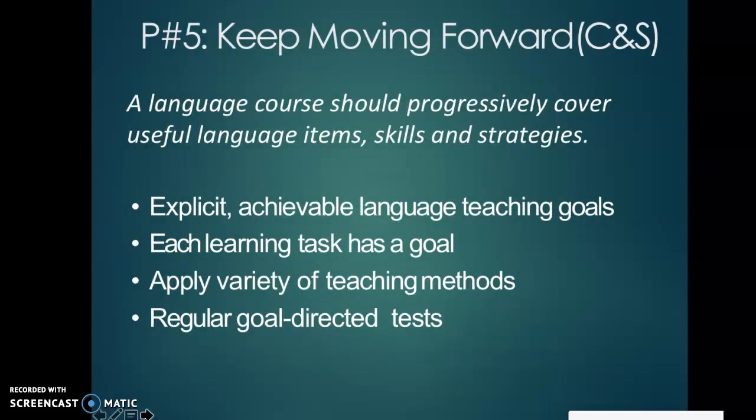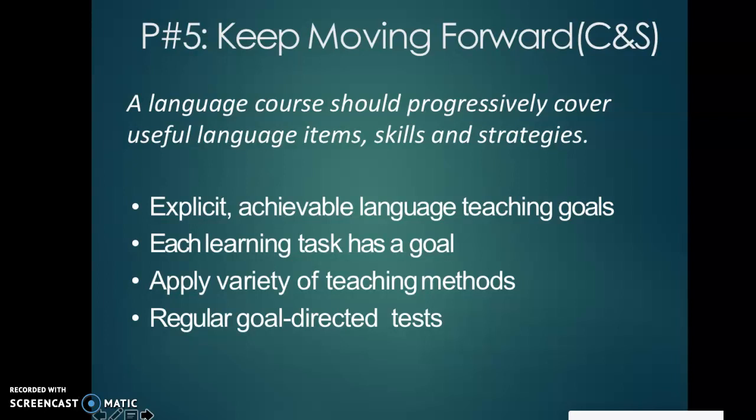Number 5, keep moving forward. A language course should progressively cover useful language items, skills, and strategies. So, explicit, achievable language teaching goals. The language course should have teaching goals that can be achieved by the learners.